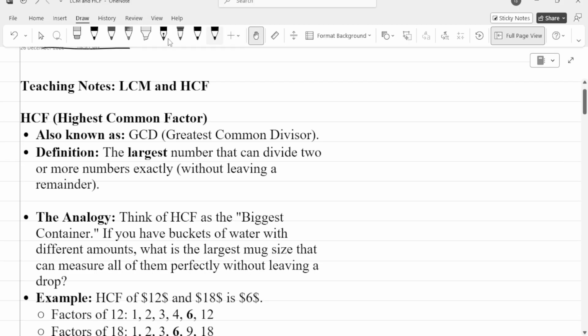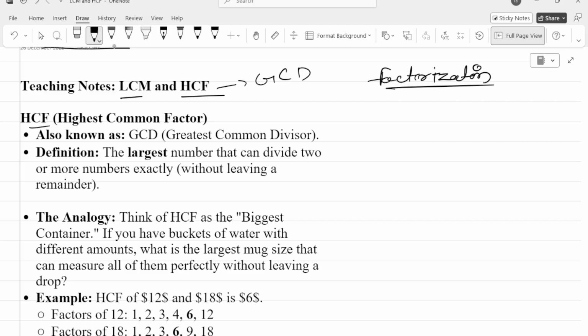So first, everyone knows LCM is the full form of least common multiple and HCF is the highest common factor, which we also call GCD, greatest common divisor. Okay, now first we discuss HCF. Factorization is very important for numbers to find their LCM and HCF.